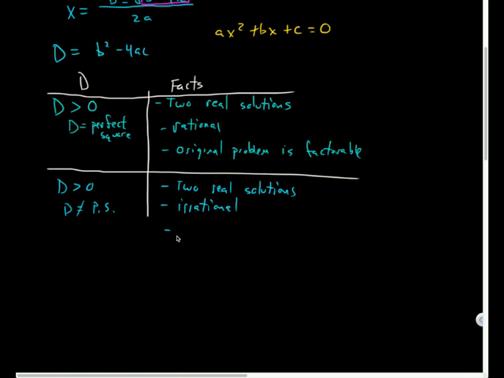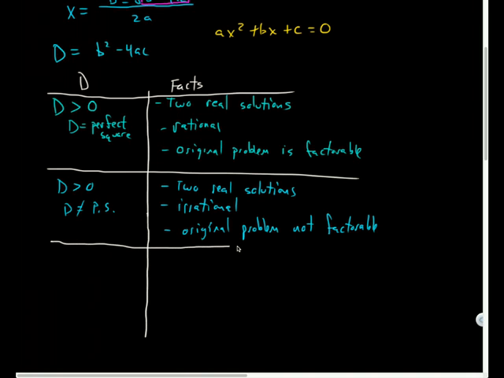And it also tells me, because it's not a perfect square, it tells me that the original problem is not factorable. So this would be a nice little test if I didn't want to, say, waste my time trying to factor a problem over and over again just to find out that it doesn't work.